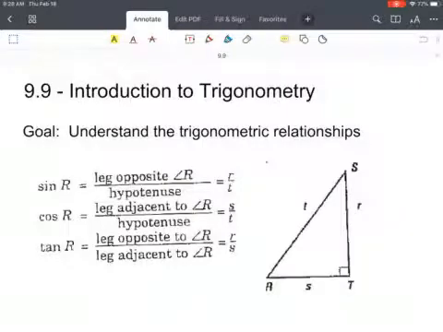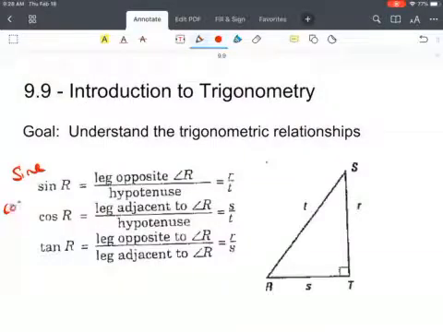All right, today we're going to look at section 9.9, an introduction to trigonometry. We're going to look at three trig functions here: the sine, the cosine, and the tangent.